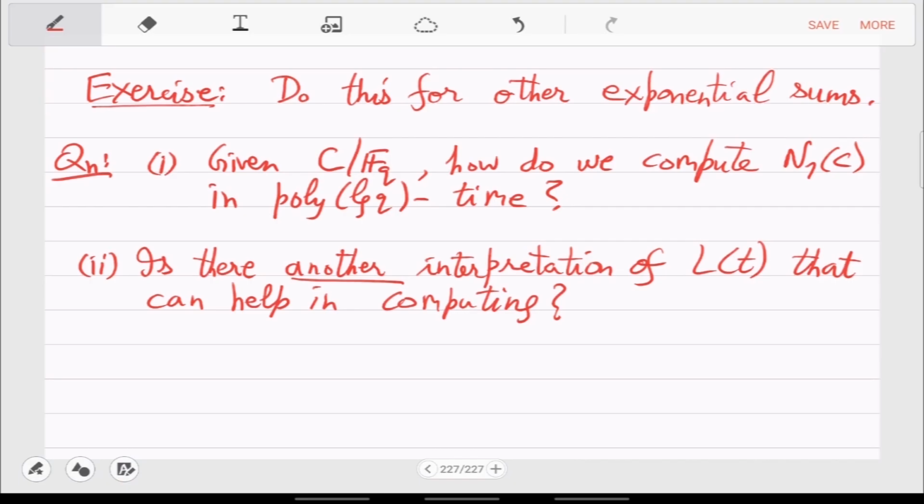Is there another interpretation of the zeta function, alternate to the way we started, which is counting points over all finite fields, because that is question one.